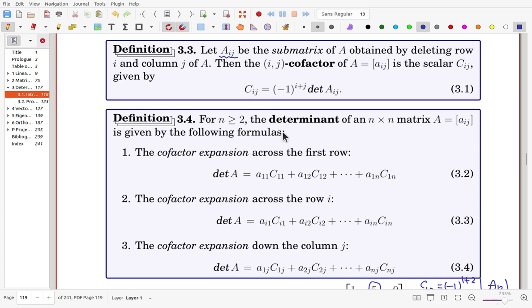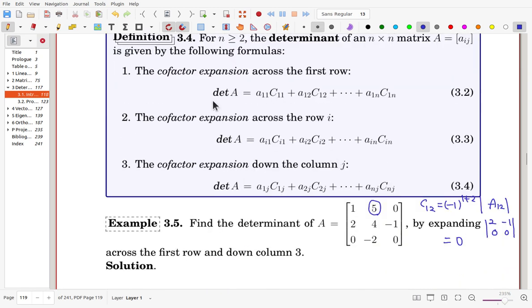Now we can define the determinant of an n by n matrix for general n larger than or equal to 2 in this way. It's a cofactor expansion across the first row. So the determinant of A is A11 times the corresponding cofactor C11.